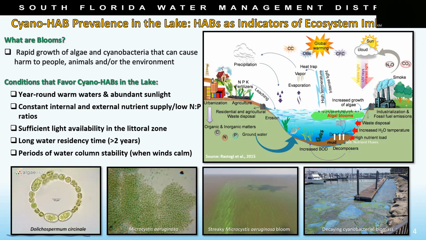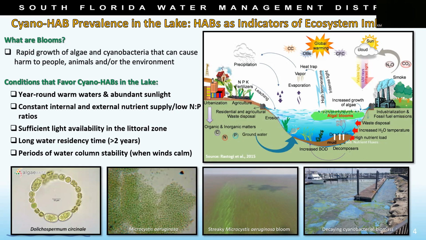One more thing that is important for bloom formation is the water residency time in a lake. In the lake, water sits for more than 2 years. So we are receiving a lot of water, but the amount of water that we are releasing is not the same. We have some evaporation. If you look at the water budgets, we're receiving a lot of water, we're losing a lot of water via evapotranspiration, and some of it is also released.